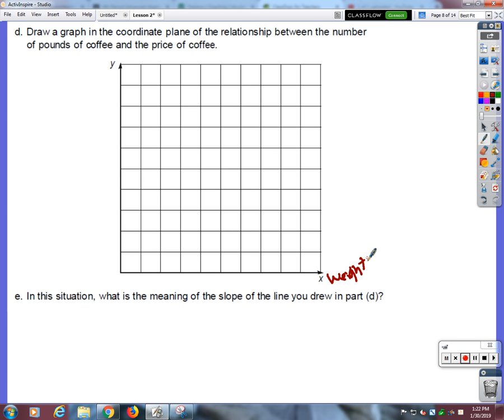He's just decided that the cost depends on the weight. That'll make the graph a little bit easier, won't it? Is that what you're thinking? Okay. What do you want to do for scale? Go by twos on both of them, or just on this?